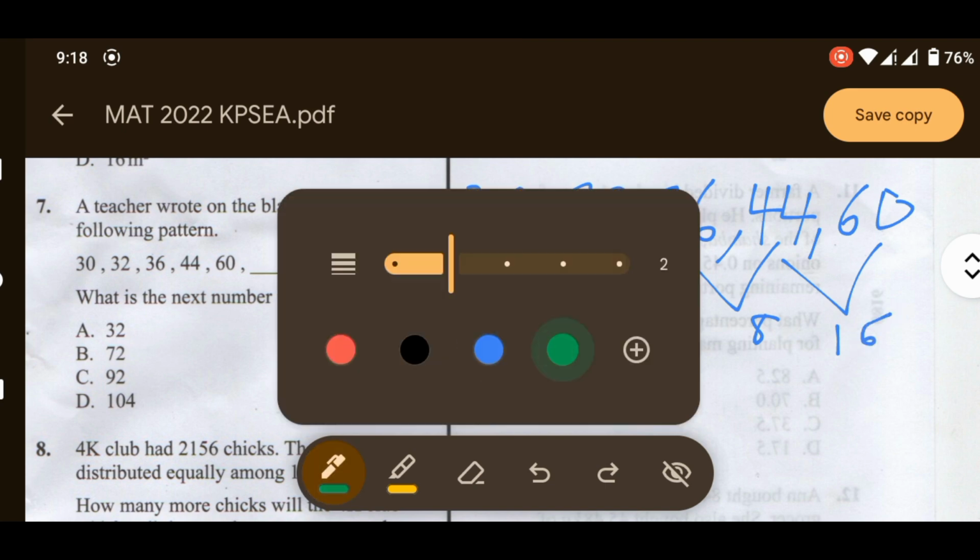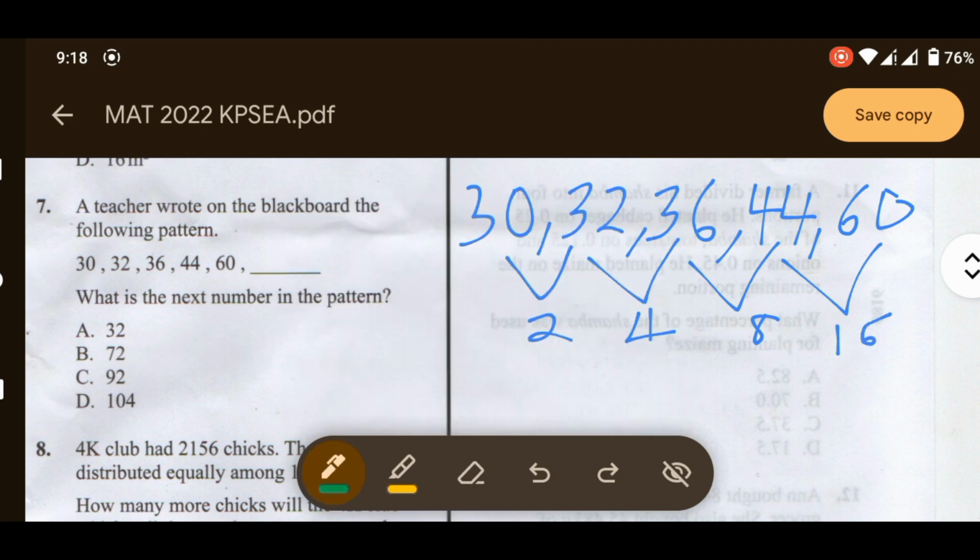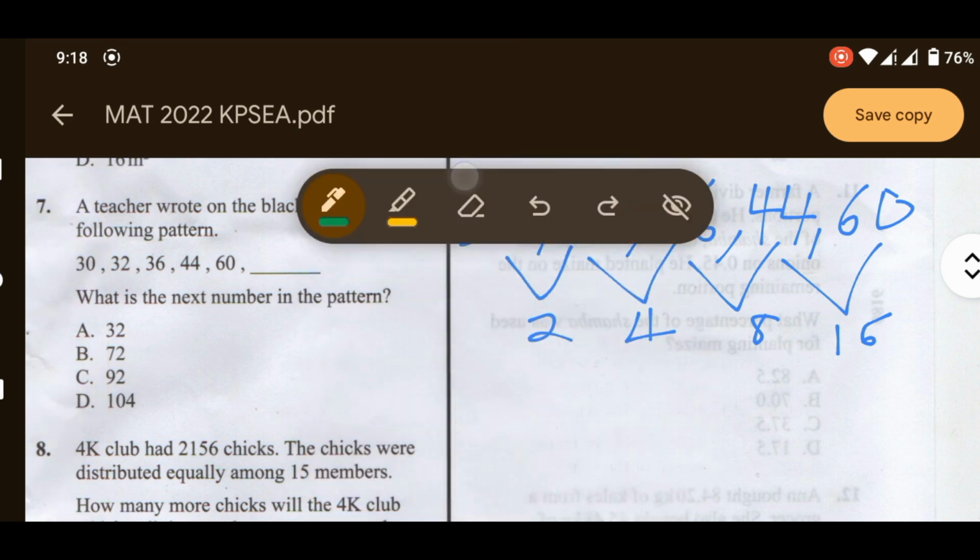Okay, let's use a different color. Now you notice what is happening. We are doing 2 times 2 is 4. Okay, and then 4 times 2 is 8. 8 times 2, that is 16.